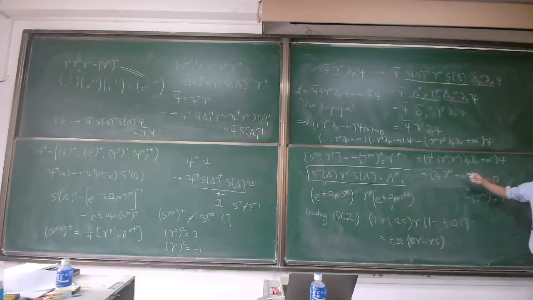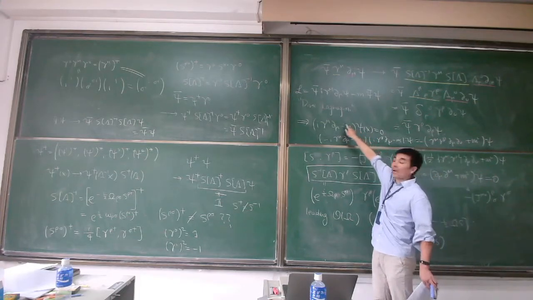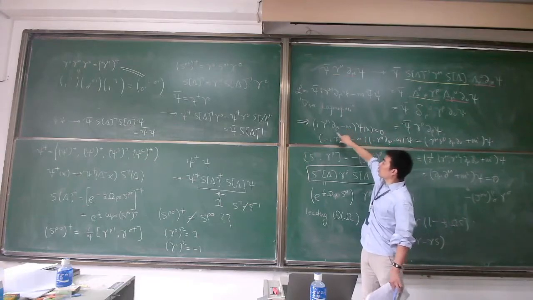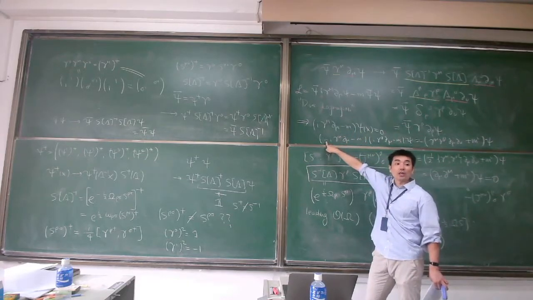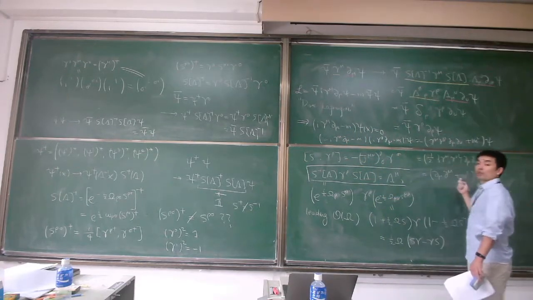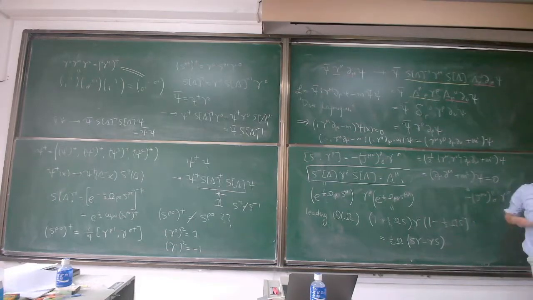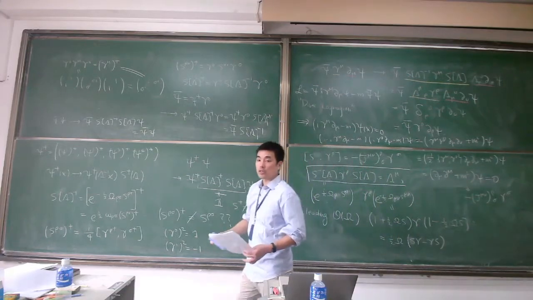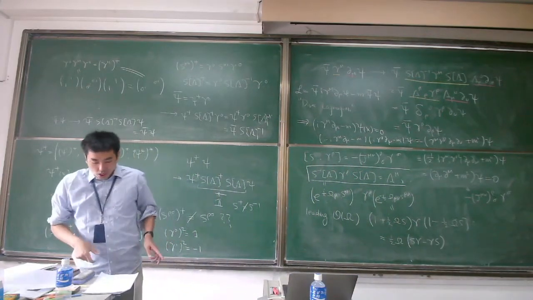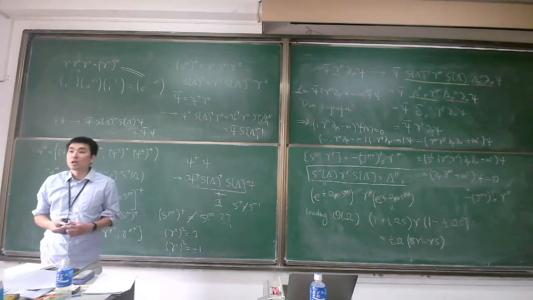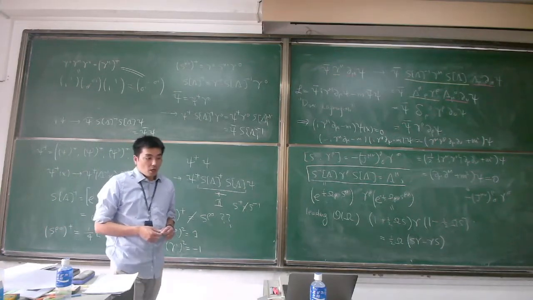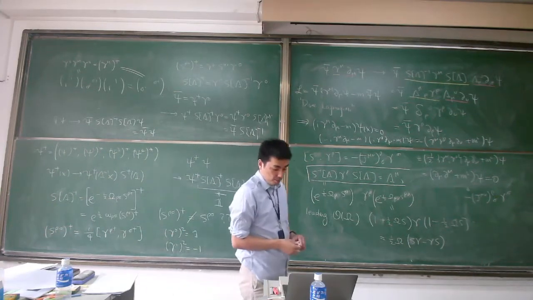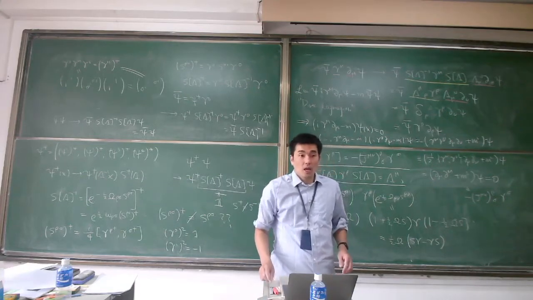So starting from the Dirac equation, adding another piece of the same operator, just changing the sign, you get the Klein-Gordon equation. So therefore, the Dirac equation can be understood as a square root of the Klein-Gordon equation. Okay, I think it's a good place to stop. Let's stop here, and we'll meet next week.